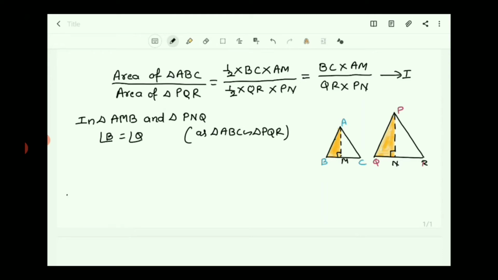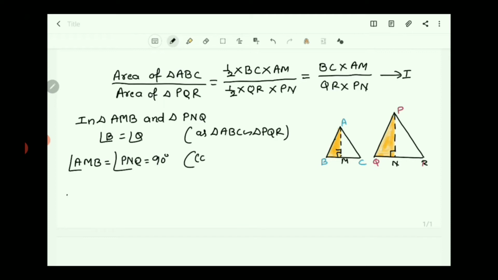That is, indirectly it is given here. Next, you write angle AMB. As AM is perpendicular to BC, angle AMB is 90 degrees, and also in triangle PQR, PN is perpendicular to QR. Therefore, angle PNQ is also equal to 90 degrees. So you write angle AMB is equal to angle PNQ, both are 90 degrees.